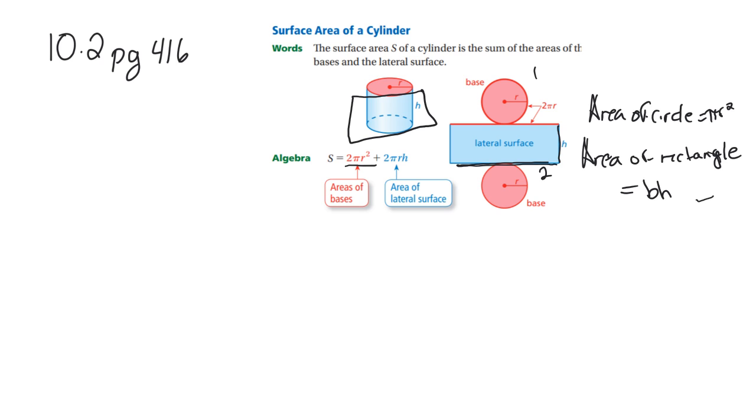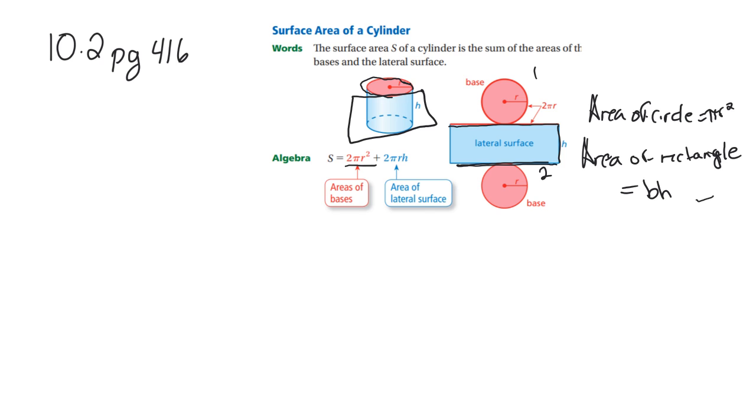To figure out our base, usually they're not going to label that for us, but if you look at the cylinder, you realize that the base is the same distance as the outside part of the circle, which we call the circumference, right? So you find the circumference of that circle, and that's going to give you the base of the lateral surface.